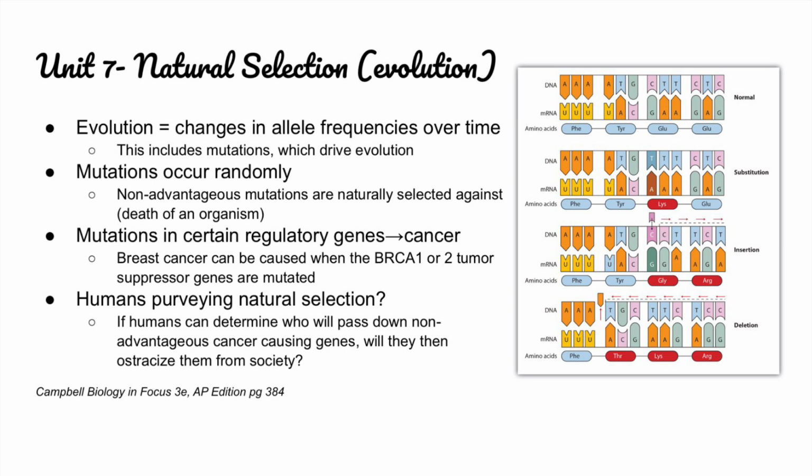failure to regulate. Are humans purveying natural selection? So if humans can determine who will pass down non-advantageous or cancer-causing genes, will they then ostracize them from society?